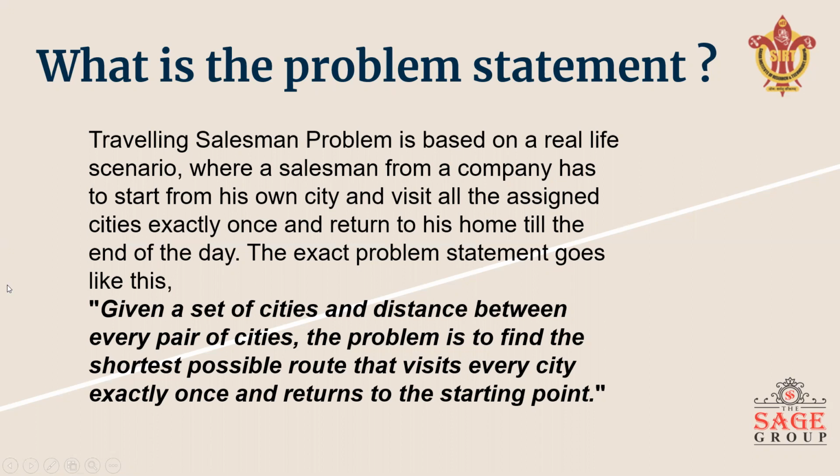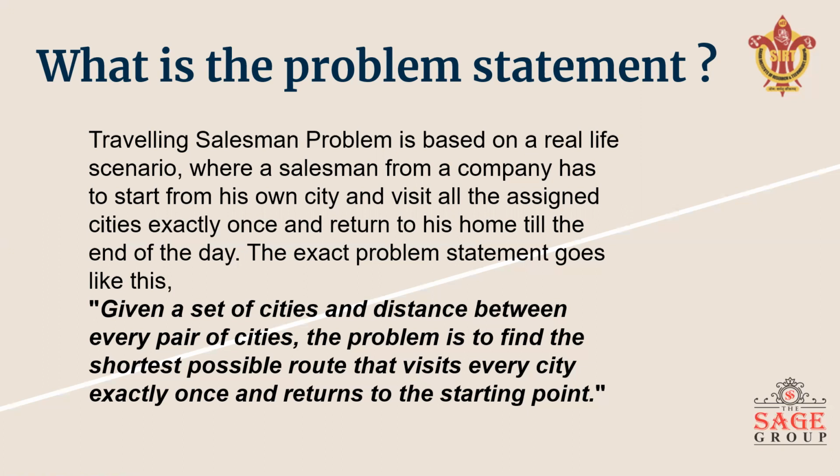Given a set of cities and distances between every pair of cities, the problem is to find the shortest possible route that visits every city exactly once and returns to the starting point. So here two important points are there, that each and every city should be visited only once.